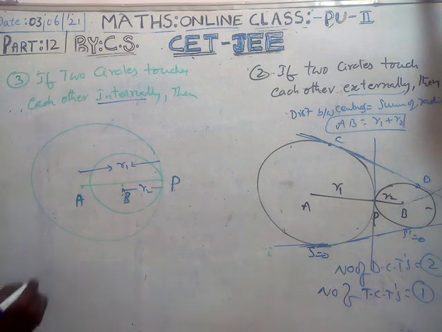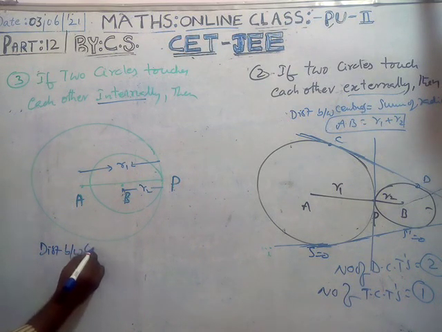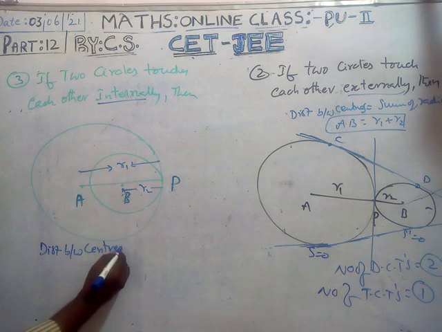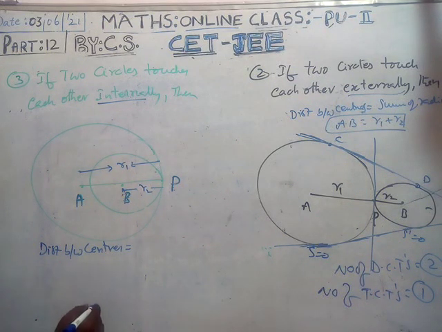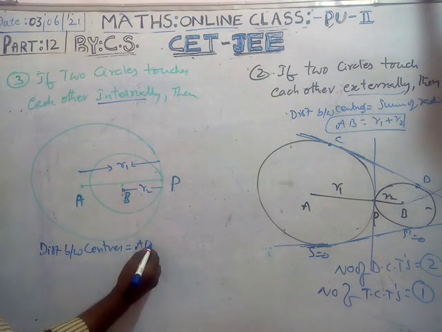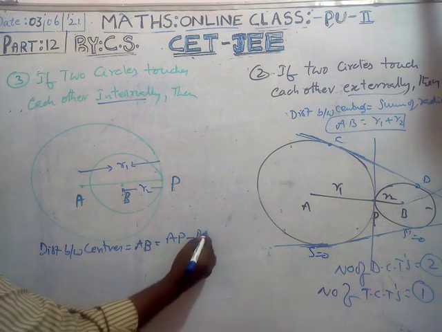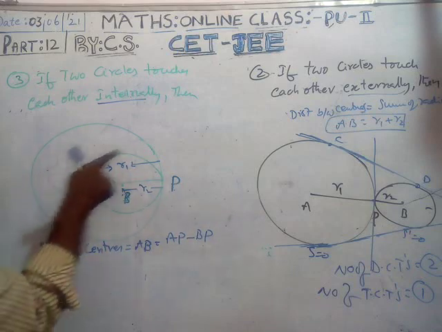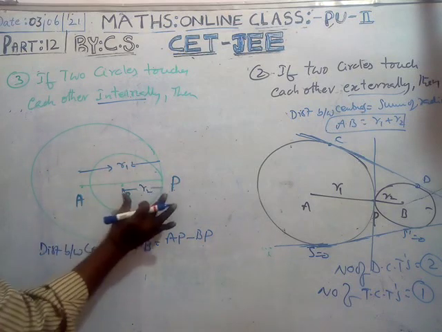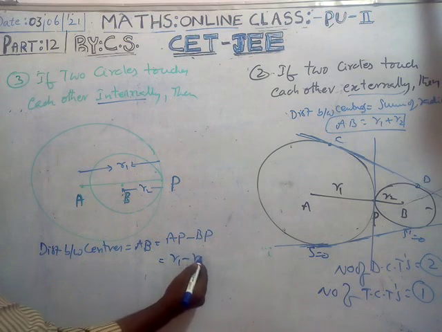Here you see the distance between centers is equal to AB. That AB is nothing but AP minus BP. AP is the total, AP minus BP is AB. AB is R1 minus R2.